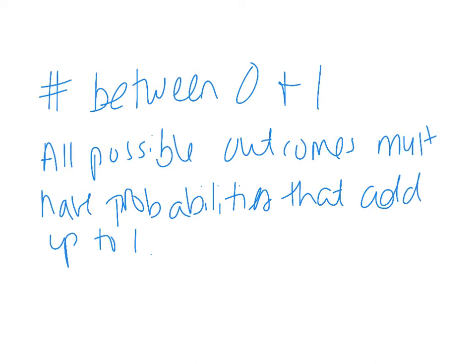So all of our probabilities are going to be between 0 and 1. All possible outcomes must have probabilities that add up to 1.